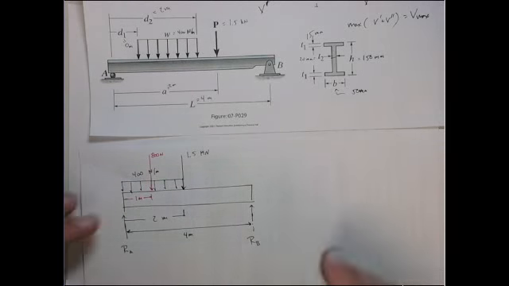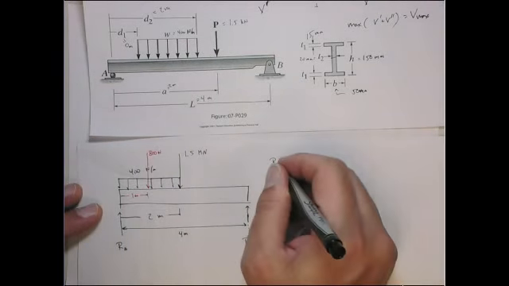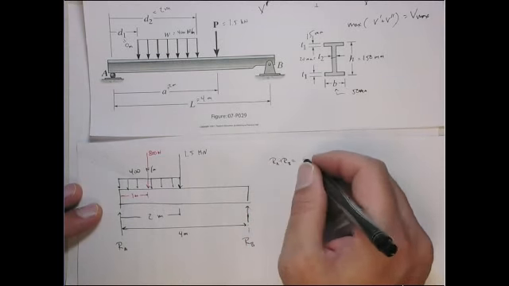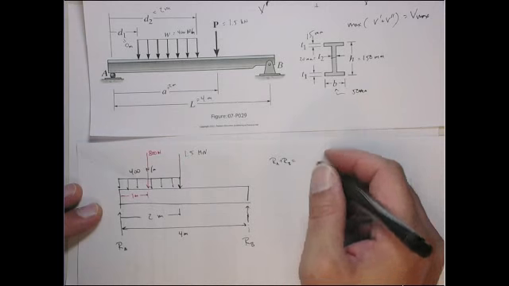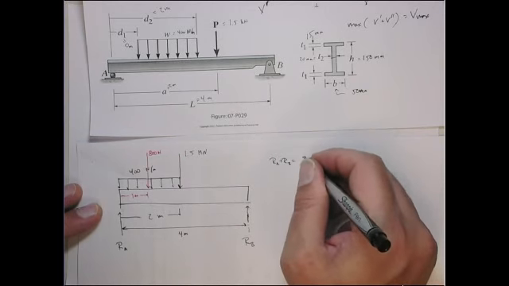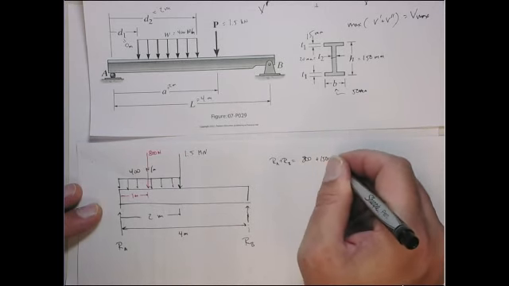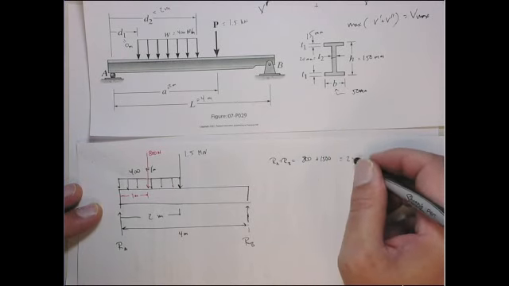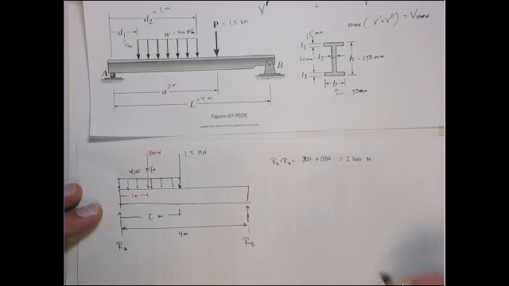RA plus RB equals the 800 plus the 1500, so that's equal to 2300 newtons.